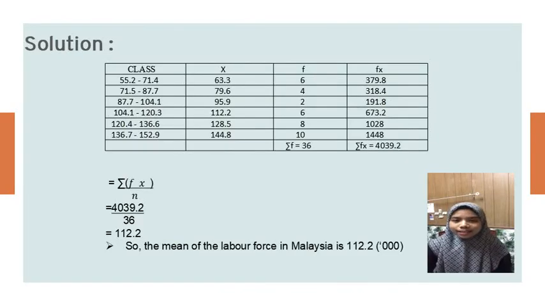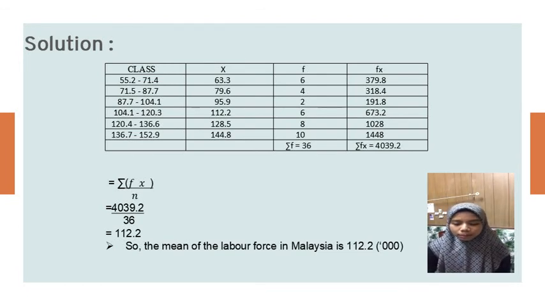As you can see, this is the table of mean, which has the class, x, frequency, and the last one, fx. What we should know is fx, because the mean that we should find is from fx.